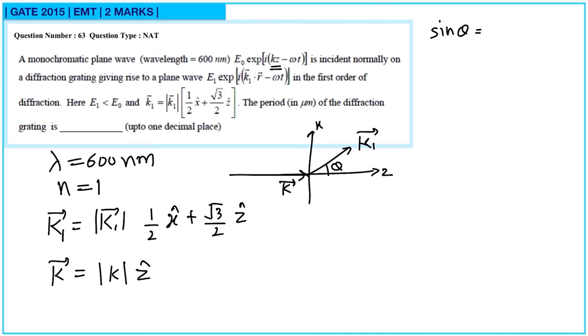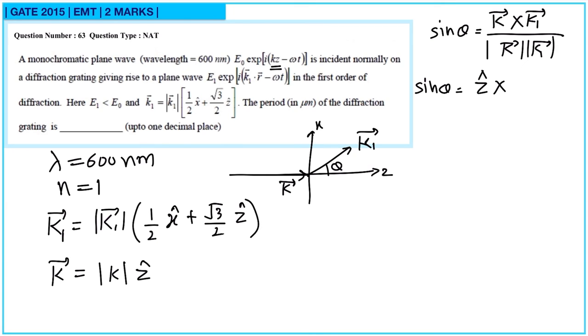So sin theta will be the magnitude of k bar cross k1 bar upon magnitude of k bar and k1 bar. So sin theta is equal to k bar into z cap, cross with k1 bar. The magnitudes of k will cancel out, and we have cross into half into x cap plus root 3 by 2 z cap.